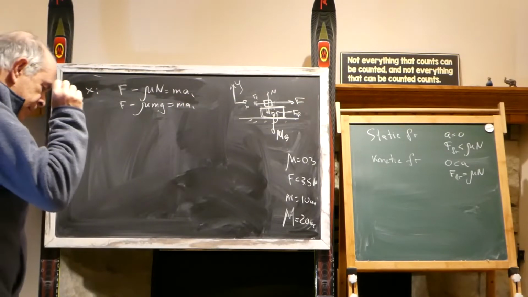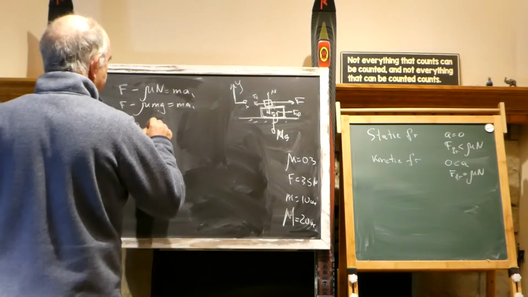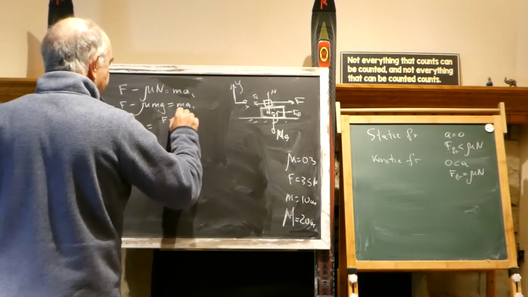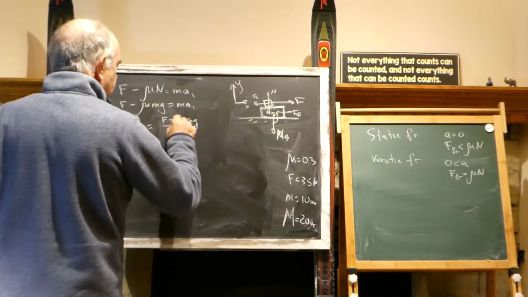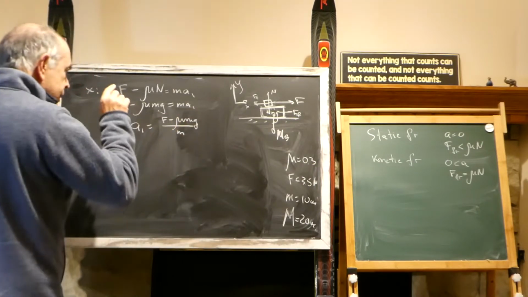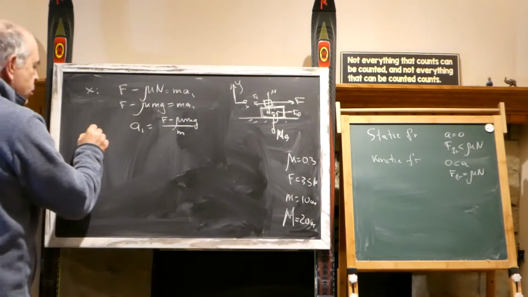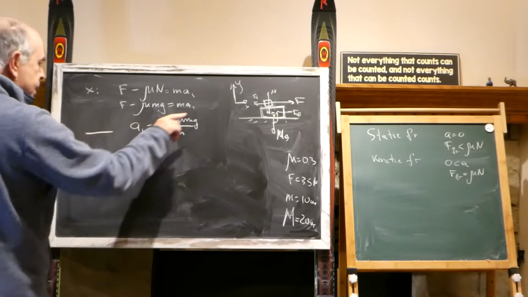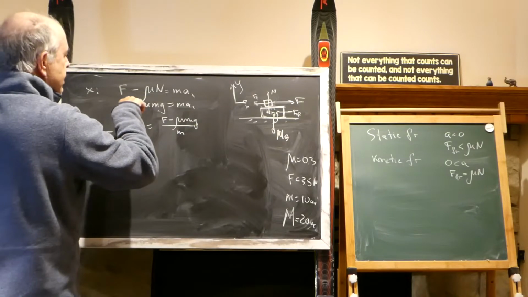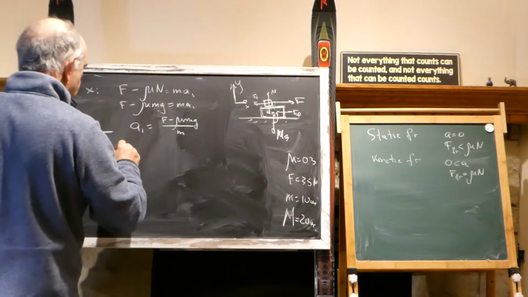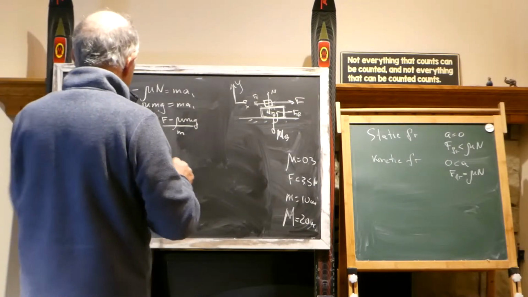And this is really the case when a1 we can find from here, we can say that it is F minus mu mg divided over m. And this is acceleration of this body. But regardless of this, I can say that my second body moves, and what pushes it is friction, and friction is mu mg. Let's write it slowly.